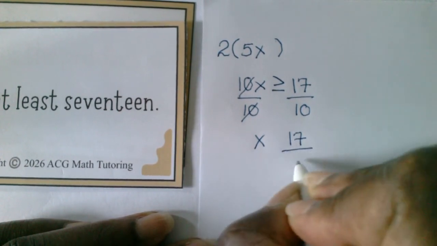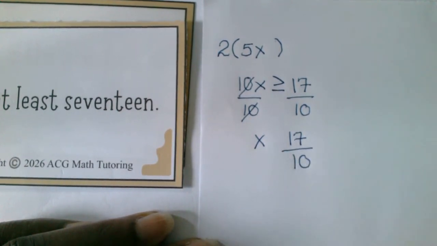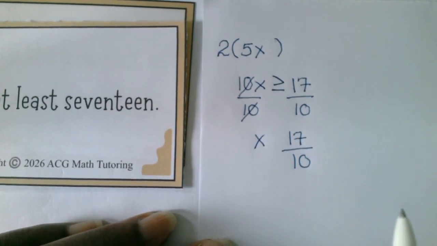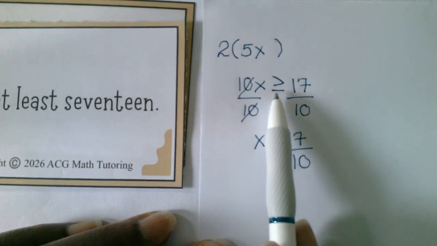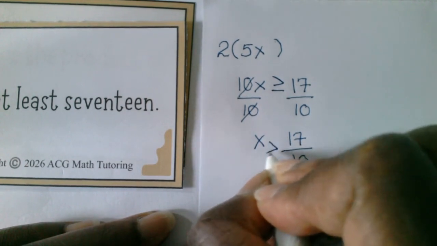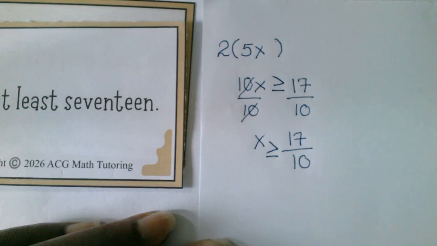Do they have anything in common other than 1? Big Al already knows. So Big Al, why are we not flipping the inequality sign? Why are we going to keep this inequality sign exactly the same?